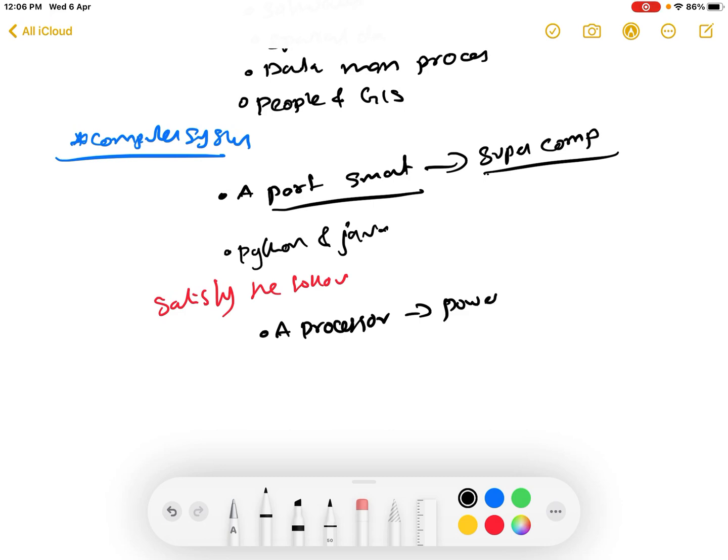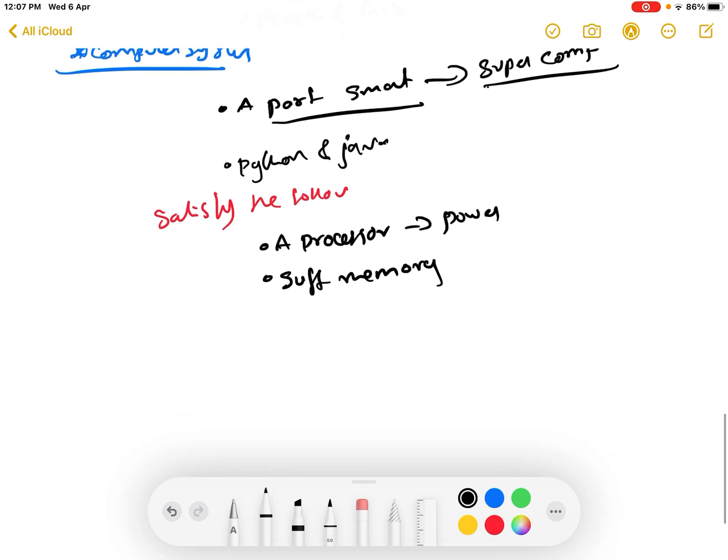There should be a processor with sufficient power, because GIS has a lot of data that you have to process. And there should be sufficient memory, as I've told, since a large amount of data needs to be stored.